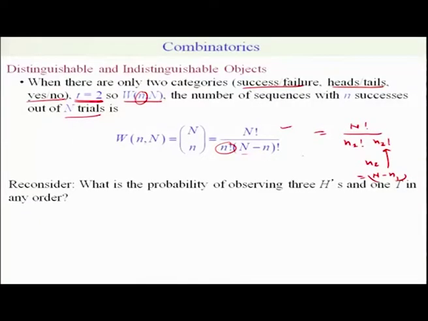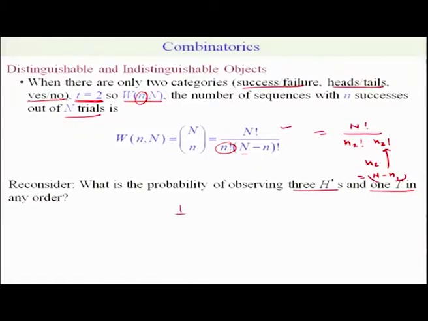Now, let us go back to the earlier question where we wanted to find the probability of observing 3 heads and 1 tail in any order. We can actually do the same exercise.